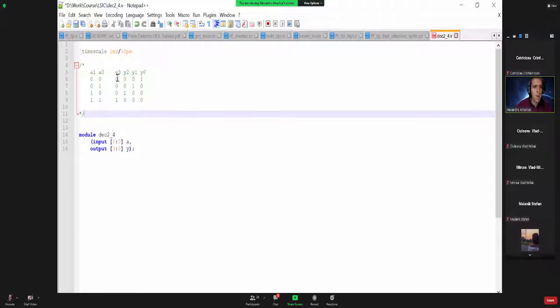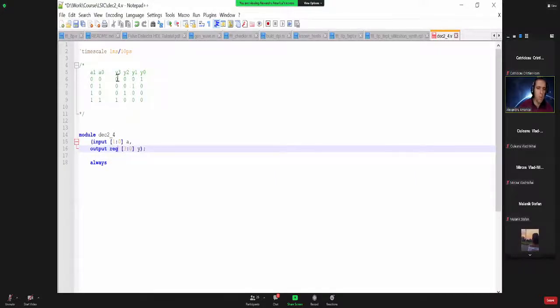So that's the truth table, and now I'm going to implement it in a combinational way. I will put here reg. This course is not about Verilog. I'm not going to talk about data types in Verilog.